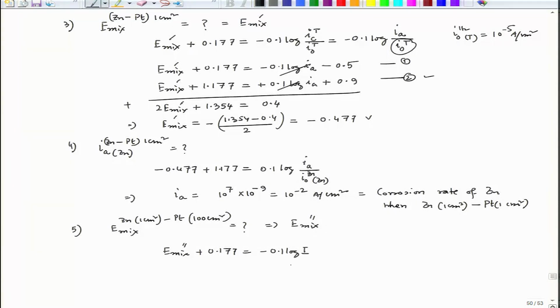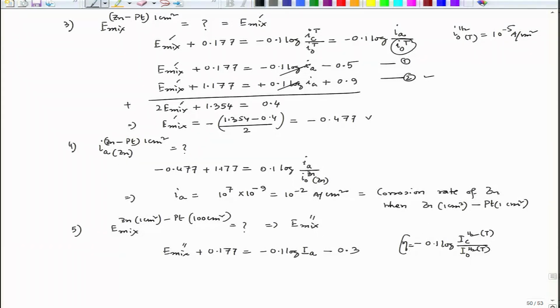Now, we are changing everything into capital I, minus 0.3, because here equation becomes 0.1 log IC hydrogen total plus I0 hydrogen total.